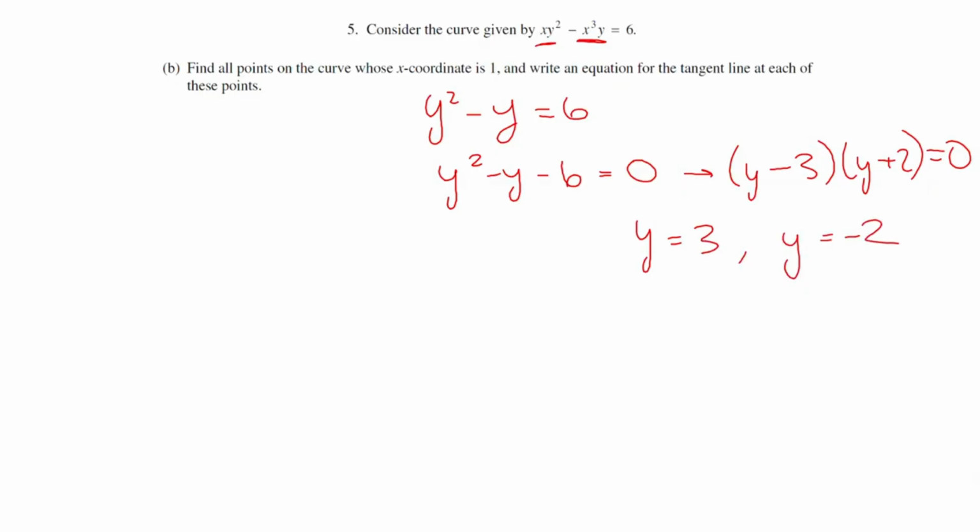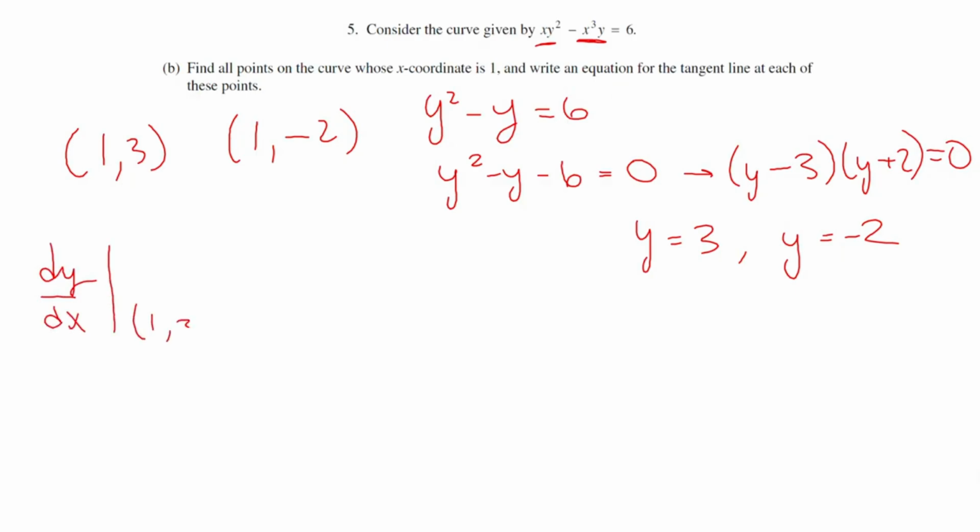So the 2 points we're going to be talking about here are the point (1, 3) and the point (1, -2). So we're going to need to evaluate the derivative at each of those points. So at (1, 3), our derivative was (3x squared y minus y squared) over (2xy minus x cubed).